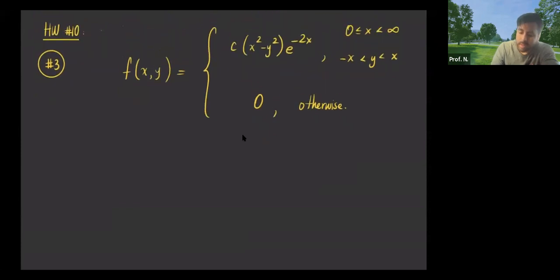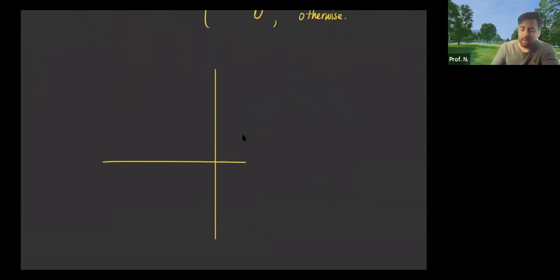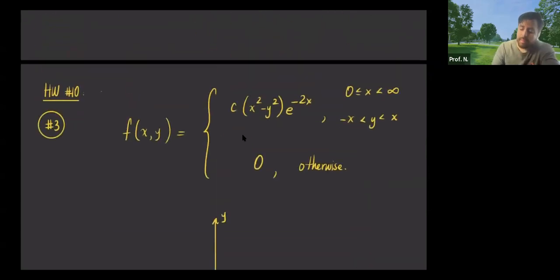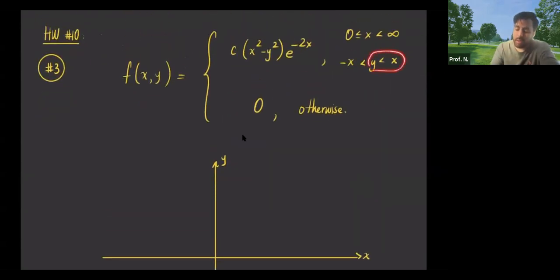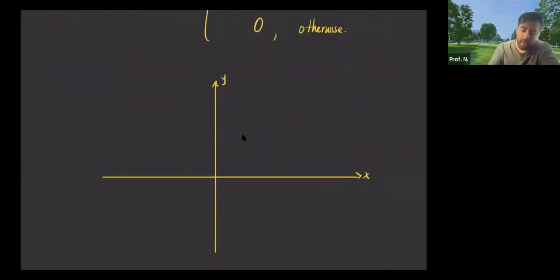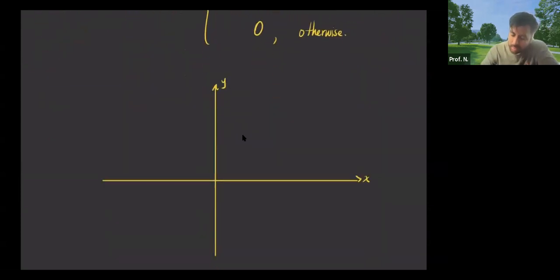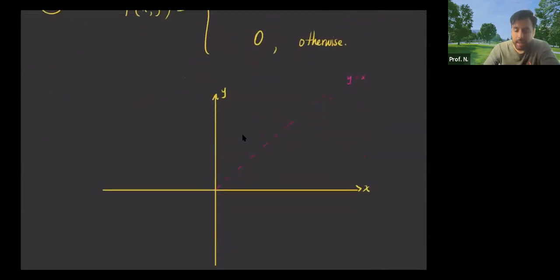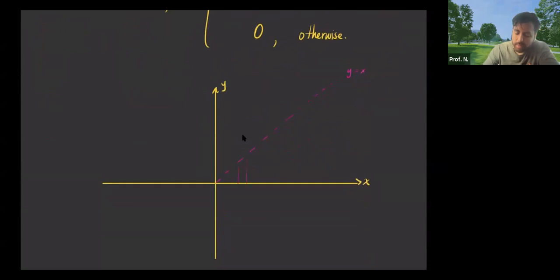Again, let's study the region where the probability density function is defined. So to do that, we draw the xy plane. This is x, this is y. Now, x is between 0 to infinity, and y is between negative x and x. So y is less than x: I draw y equals x, and I want y to be less than that, so I'm shading downward.